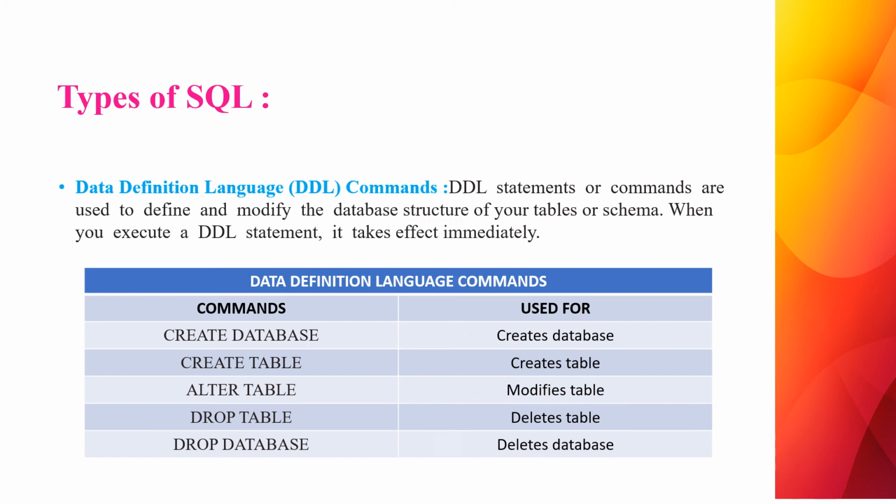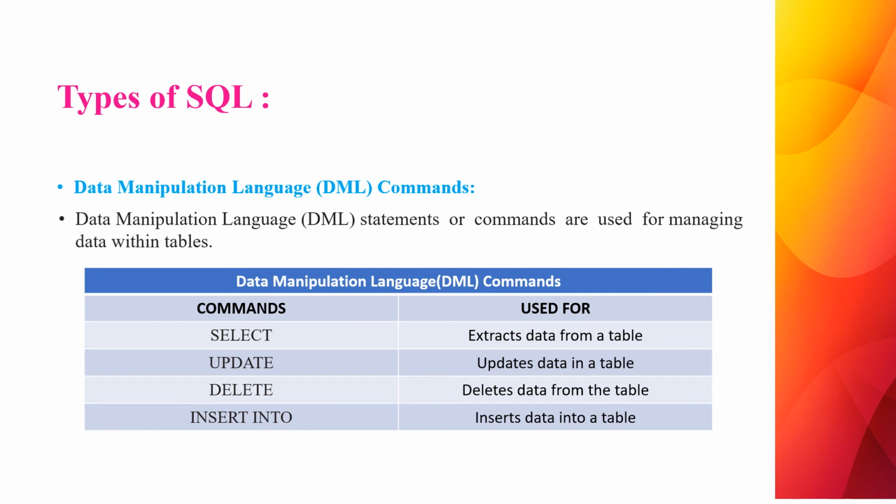Second type is data manipulation language, which is used for managing the data. Now there are four commands: select, update, delete and insert into. Select command extracts the data from a table. Now the select command has two options. One, at a time we can select all the data, or whichever is required we can select.